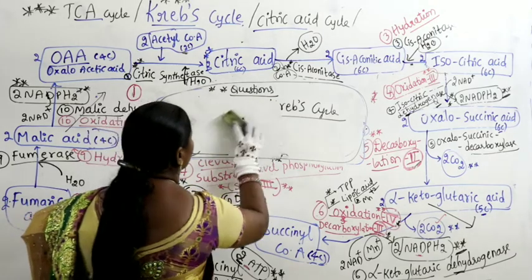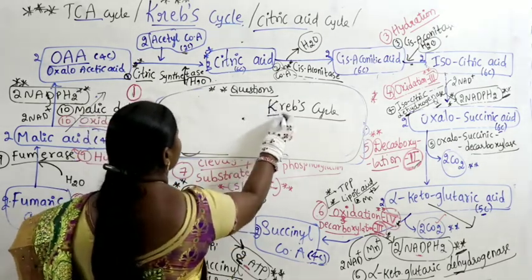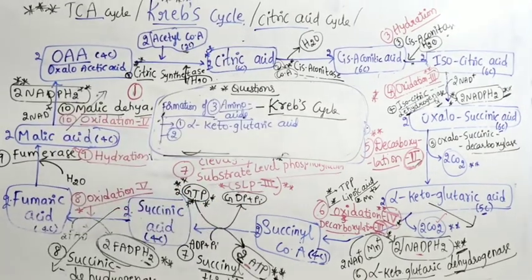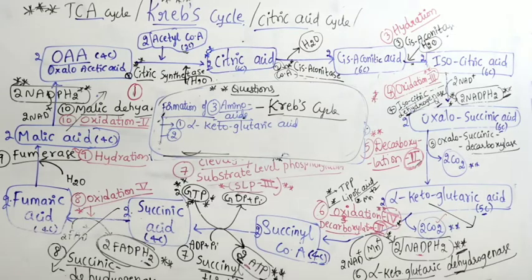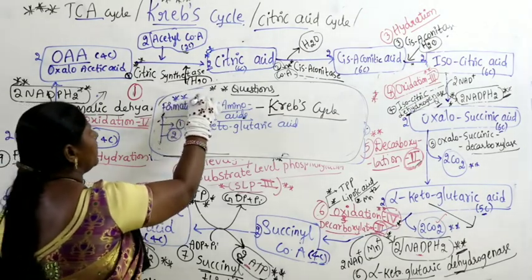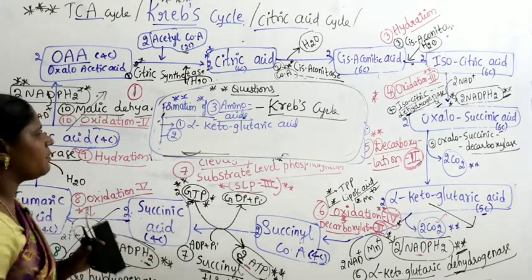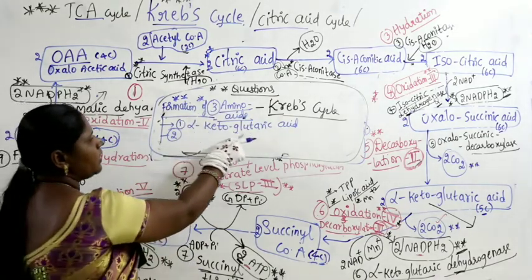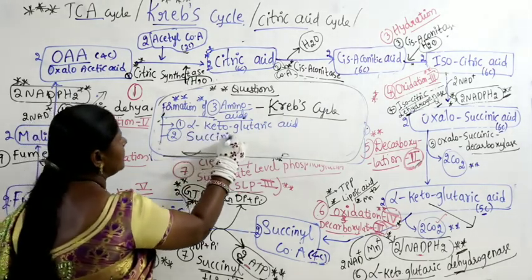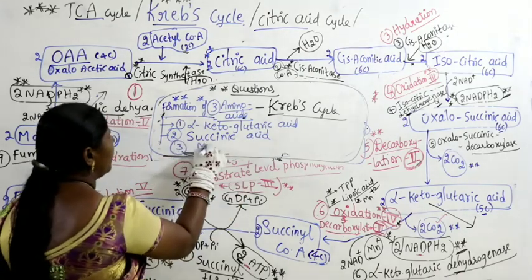Next, what is the next important question? From the Krebs cycle, there is a formation of 3 amino acids. What are the 3 amino acids produced from Krebs cycle? Alpha ketoglutarate acid, second one is succinic acid and the third one is malic acid.